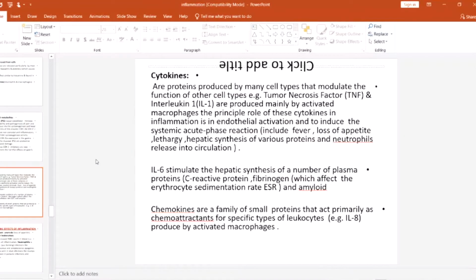The most important are the cytokines. Cytokines are proteins produced by inflammatory cells, mainly the macrophage. Cytokines are proteins produced by many cells, but here the tumor necrosis factor and interleukin 1 are produced from the macrophage.